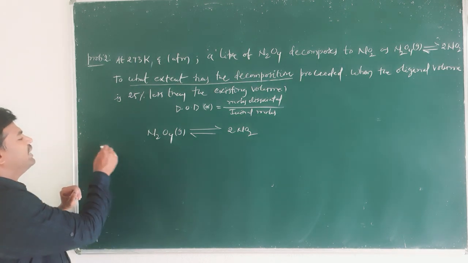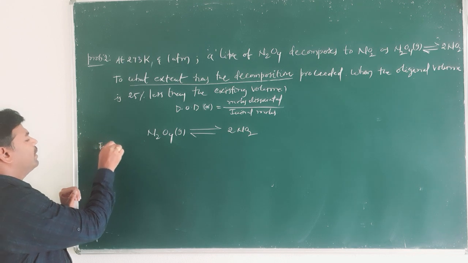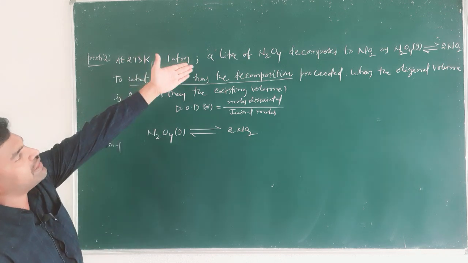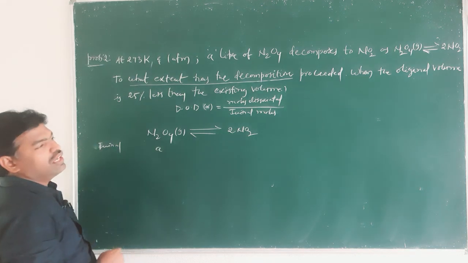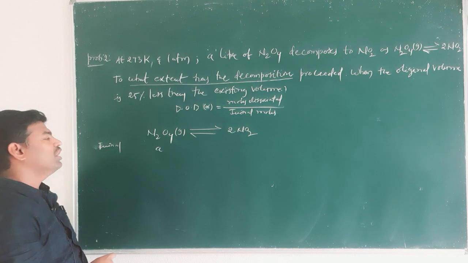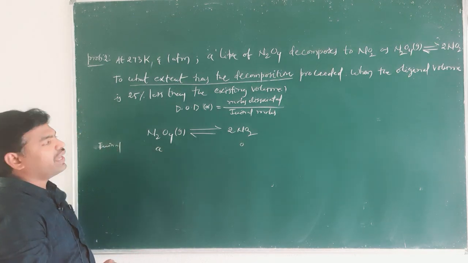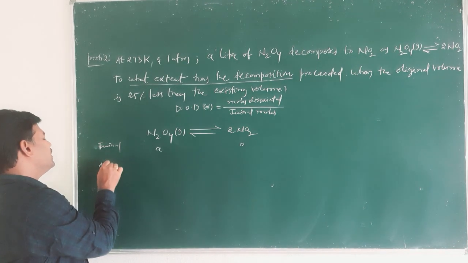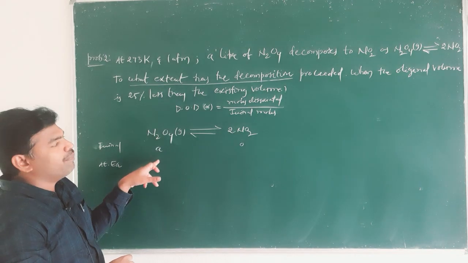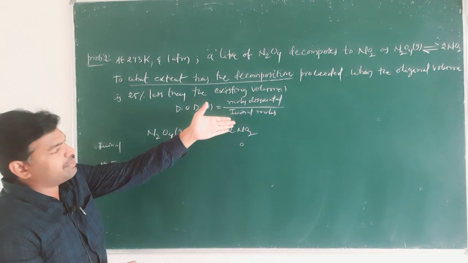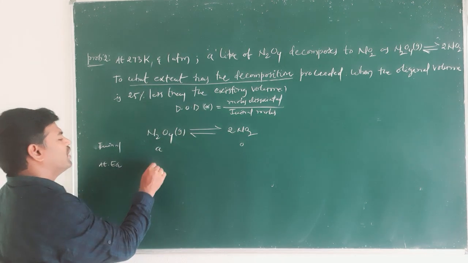At the initial state, there is a liter of N2O4, that is initial moles or volume. Moles is directly proportional to volume. So A gives rise to NO2, initially 0. During the establishment of equilibrium, x moles of A decomposes to form some moles of NO2.